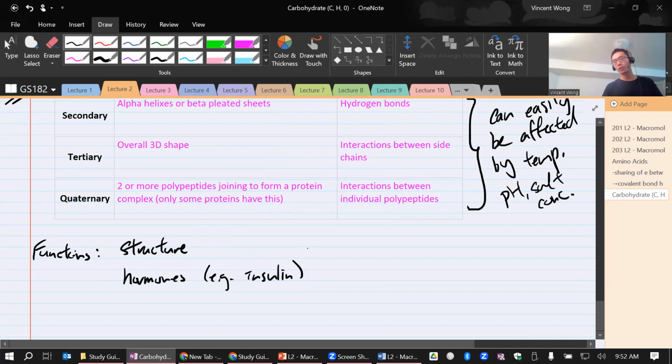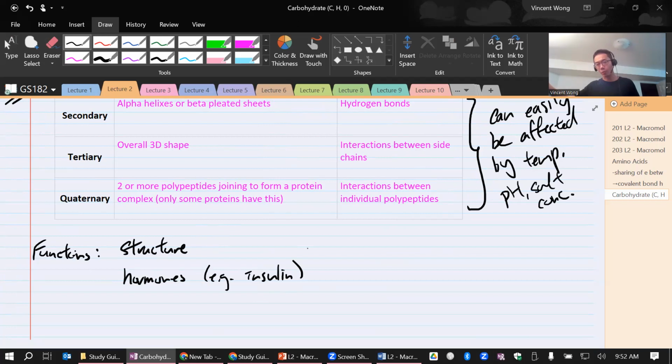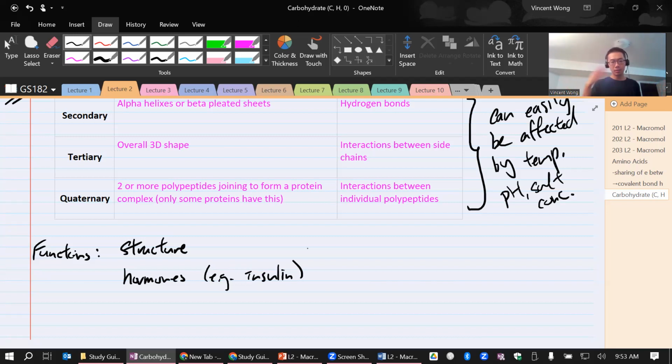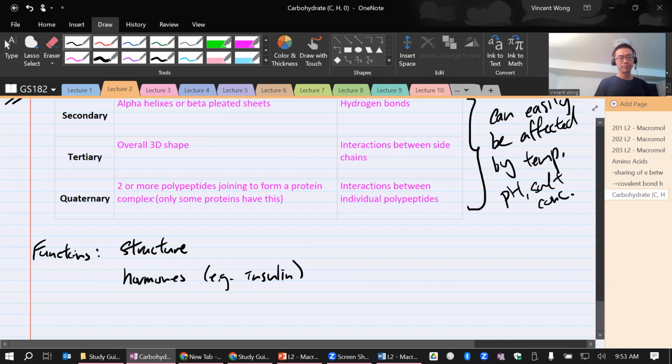I think someone mentioned that earlier. Remember, hormones can be lipid hormones. In that case, they are steroids, like testosterone, progesterone. But they could also be protein hormones, like insulin. There are a lot of different hormones in the body. You will learn that next semester.